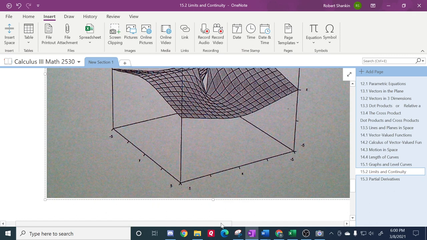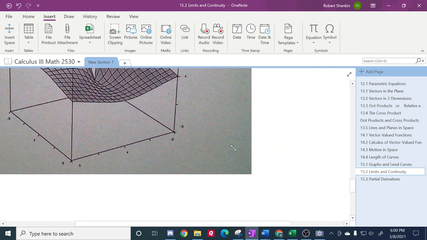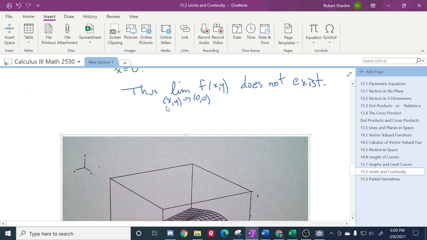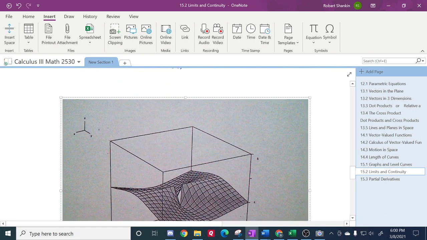And I could shrink it down a little bit too. Alright.